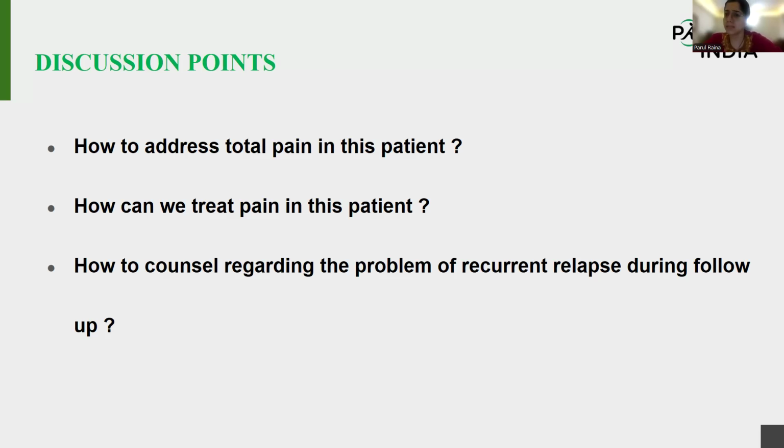If she does have acute pain, you can tell her to take a short course of NSAIDs at reduced doses. Or we can go ahead with some gastric-sparing NSAIDs for her, because she's using steroids also, and topical application. Along with that, oral hygiene has to be there in managing pain.